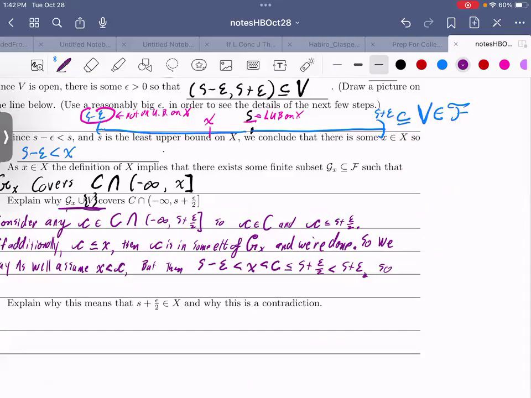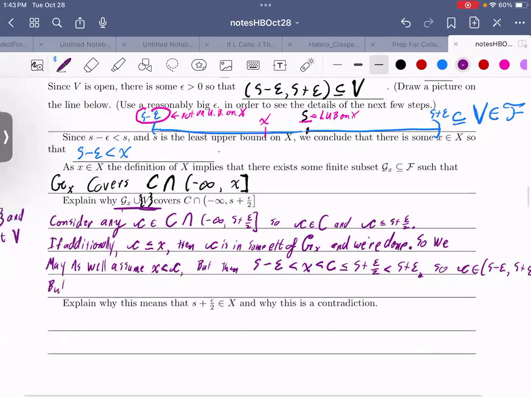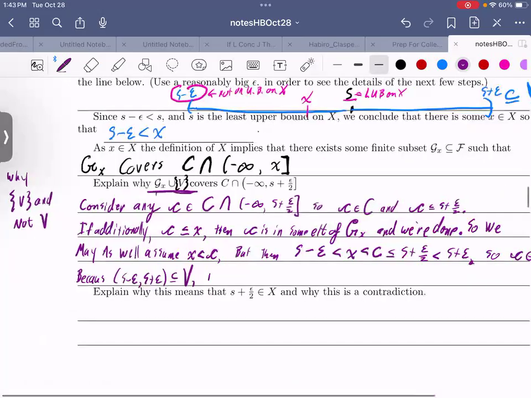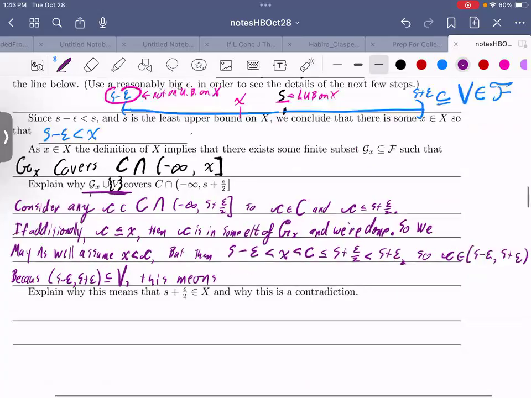So c is in S minus epsilon to S plus epsilon, and S minus epsilon to S plus epsilon is a subset of V. This means c is in V. Well, but V is definitely an element of G sub X together with singleton V.